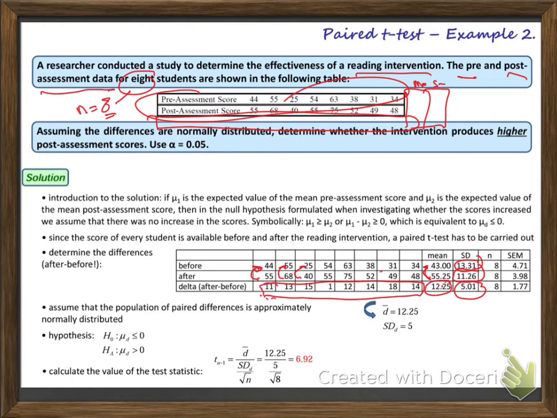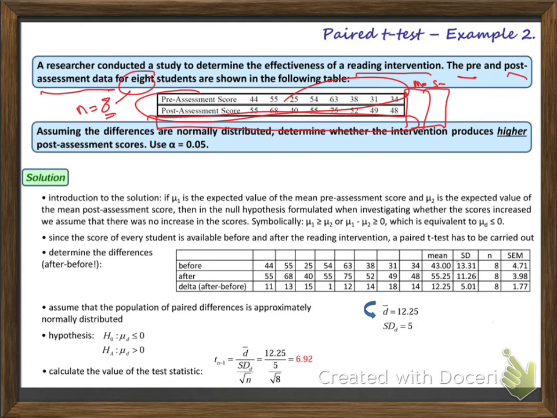You put them on the calculator and you get the mean. But standard deviation is not the difference. Standard deviation has to be calculated from the set of the data. You have to put them in the calculator and get the standard deviation. So standard deviation minus standard deviation will not give you the new standard deviation. Be careful, this one cannot be gotten from subtraction. It has to be calculated or obtained from the calculator.